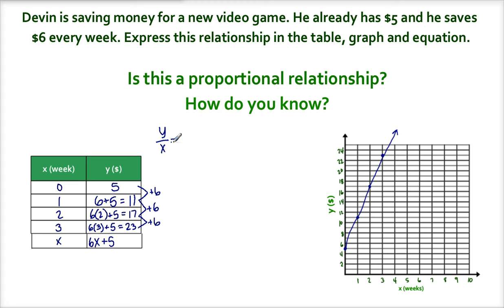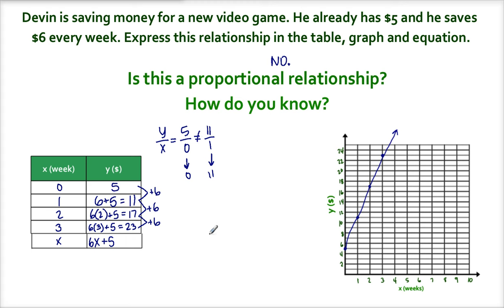So the ratio y over x, 5 over 0, reduces to 0. The ratio 11 over 1 reduces to 11. Well, it's already looking like I don't have the same ratio in each line. And so it's looking like, no, it's not a proportional relationship, because these are not equal to each other.